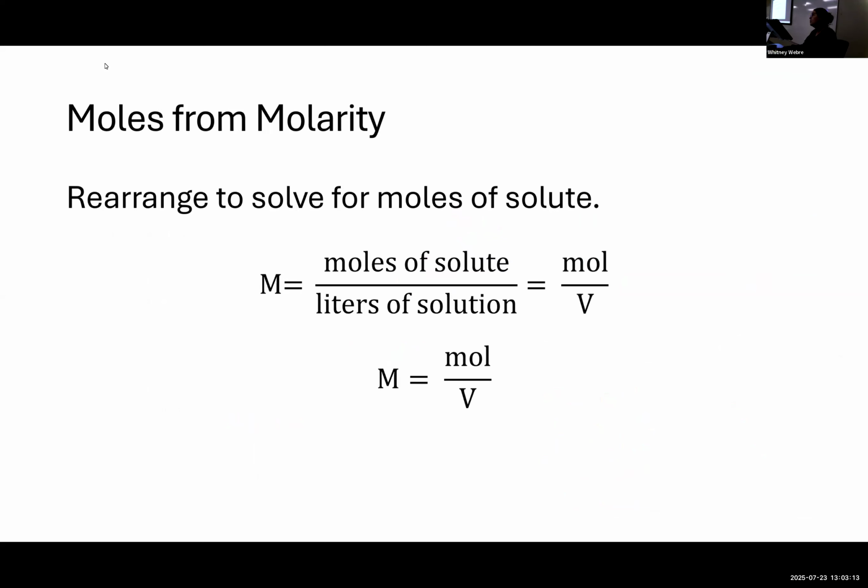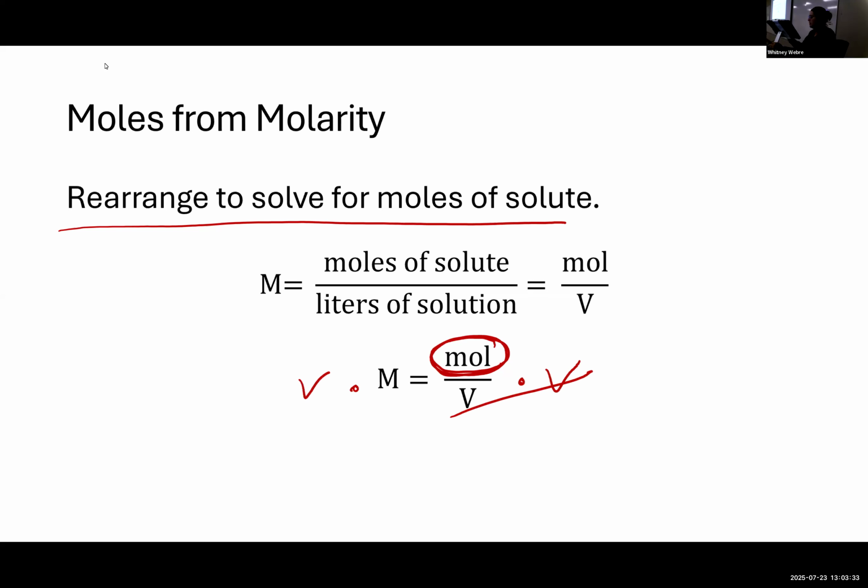We're just going to keep using molarity here, but it says rearrange to solve for moles of solute. So if I want to rearrange and isolate moles here, what should I do? If I multiply by V on both sides, that's volume in liters, I now get moles equals molarity times volume.